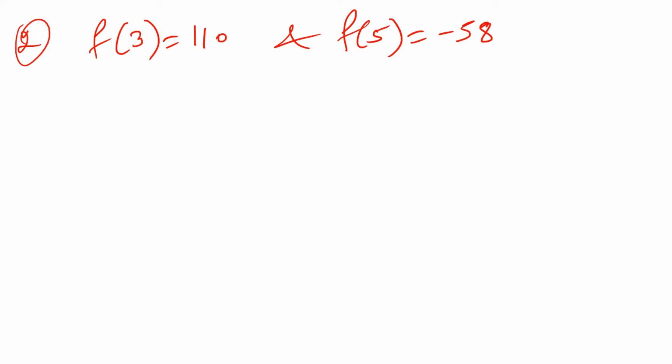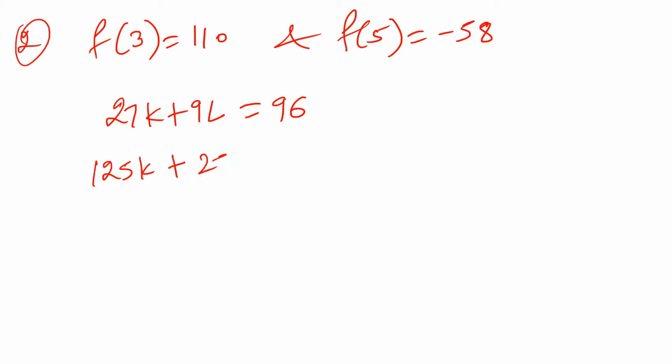If we equate the value of f of 3 equal to 110, we'll finally get 27k plus 9l equal to 96. And if we put the value of f of 5 equal to minus 58, we'll get 125k plus 25l equal to minus 568.